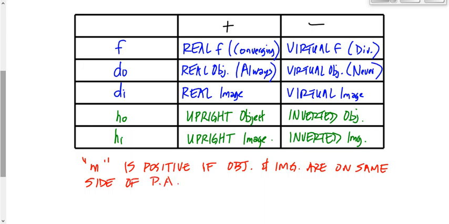In other words, if they're both upright, M is positive. If they're both upside down, M is positive. If one of them's right side up and one of them's upside down, then M is negative.